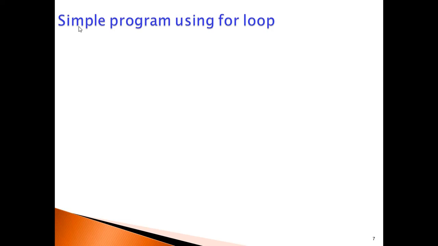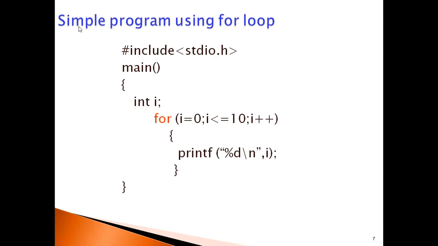Now we will see a simple program using the for loop. This is a simple program to print the numbers from 0 to 10. In this program, we used #include <stdio.h>, main, integer variable i declared, and the for loop.